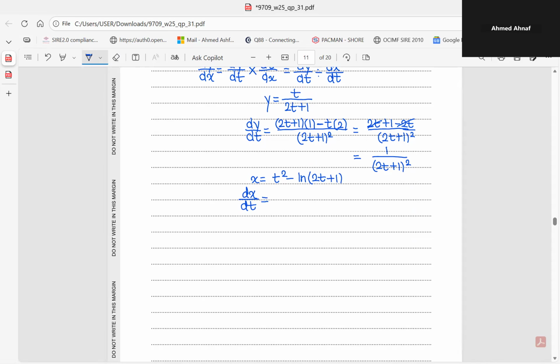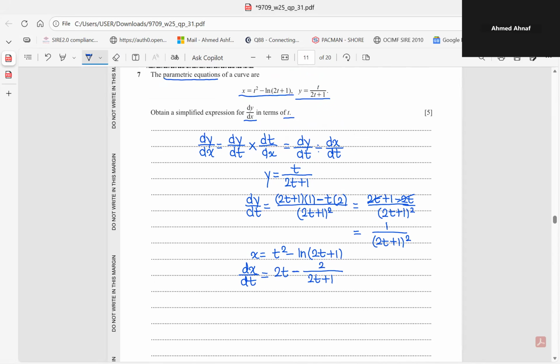So you differentiate t squared, you get 2t, and you minus the derivative of ln(2t plus 1). So differentiate it, you put whatever's inside the ln in the denominator, so 2t plus 1, and then in the numerator, you differentiate whatever's inside, in this case 2t plus 1, and you put the derivative as the numerator. So the numerator would be 2.